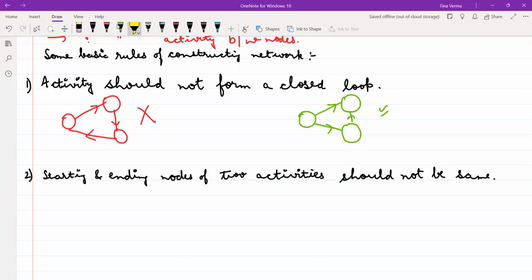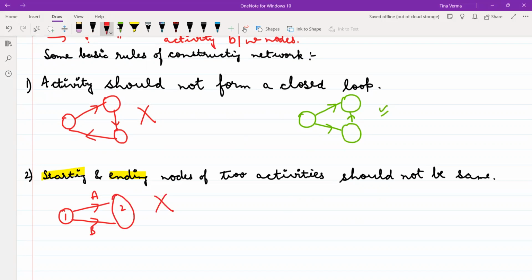It means that the node where I am starting and where I am ending for any two activities should not be the same. For example, if you have one activity, suppose this is activity A, and this is activity B, and suppose it ends over here, this is not allowed, because for activity A, the starting node is 1 and it is ending at 2. The same for activity B, it is starting from 1 and ending at 2. It is not allowed while constructing a network.